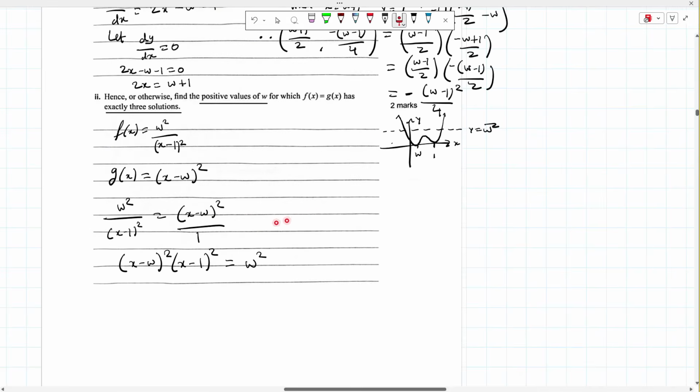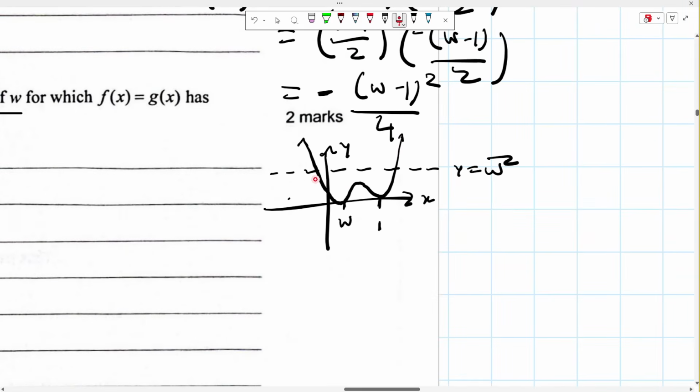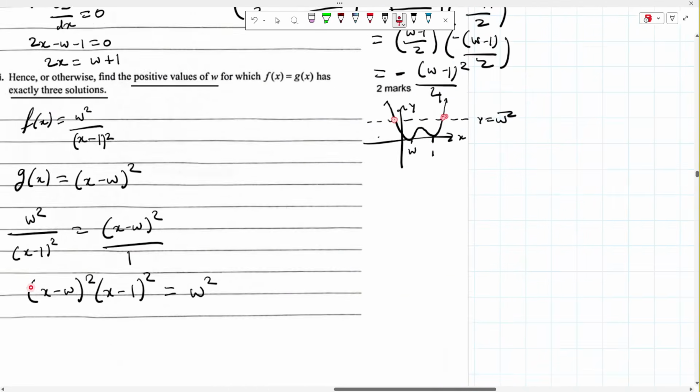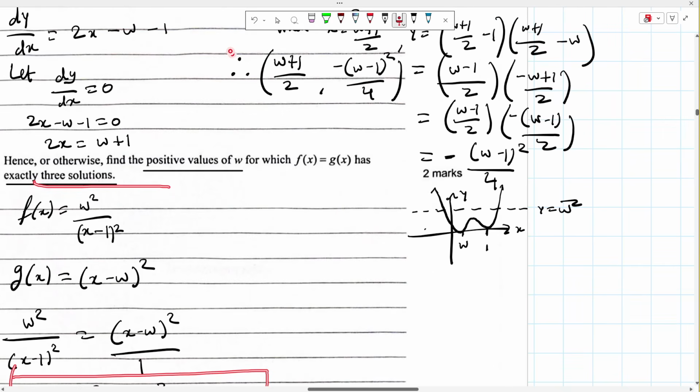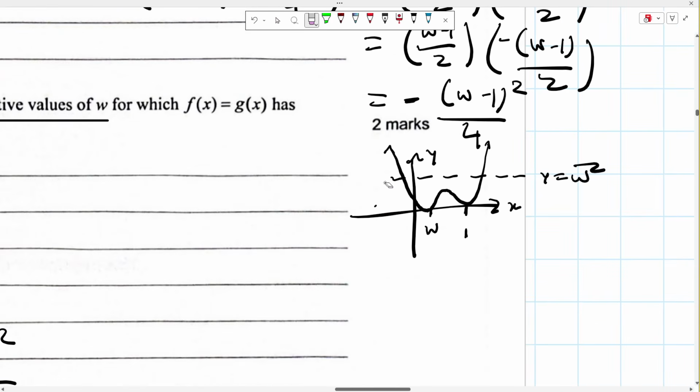Now you'll see normally, if you just draw this, there's 2 solutions to this equation. We want 3. What's the only way that we can have 3 solutions?